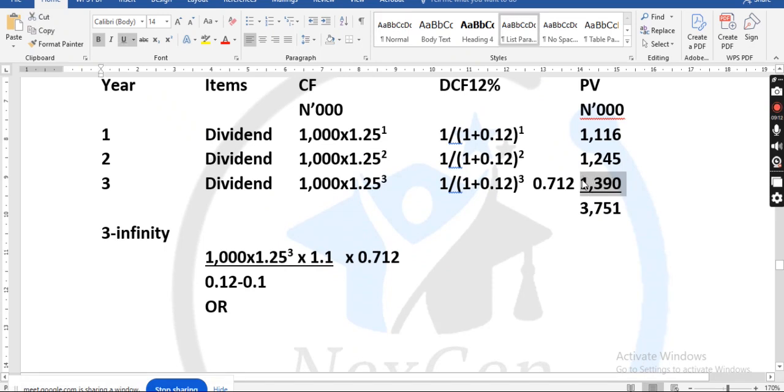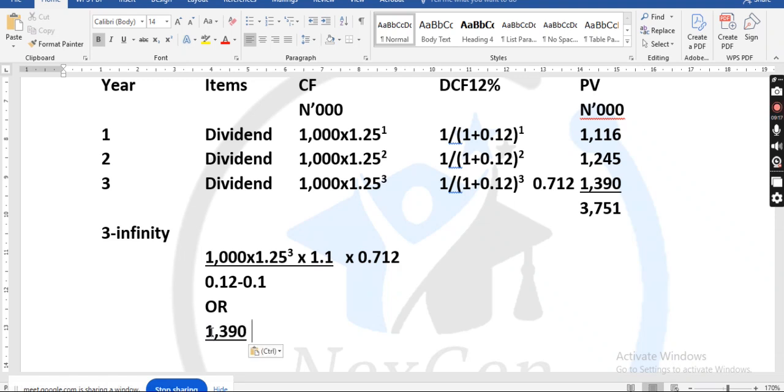Because your infinity will start from the last year, you can grow it, times the growth rate, which is 1.1, 10%, then divided by the cost of equity minus the growth rate.